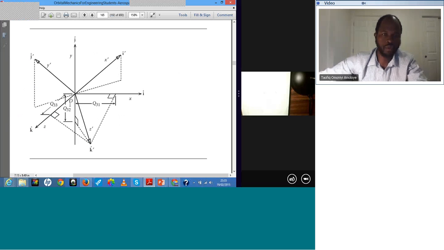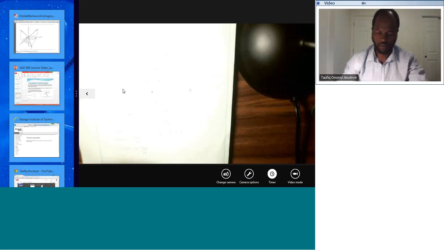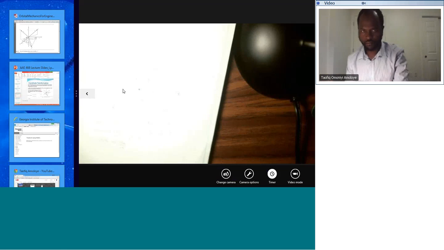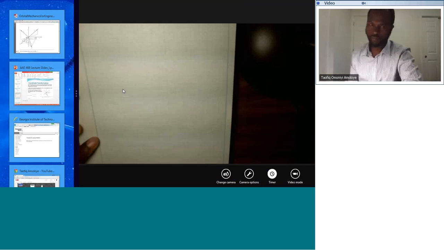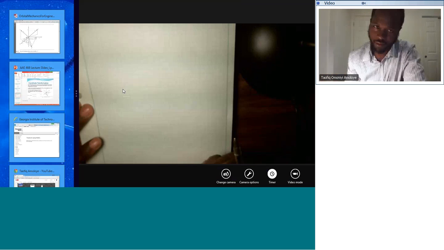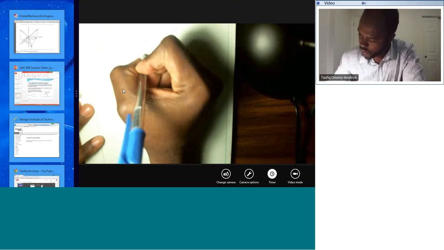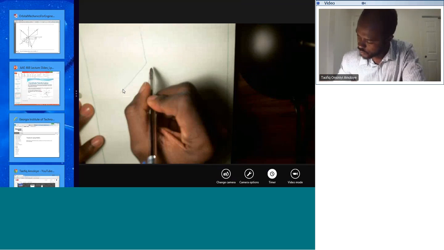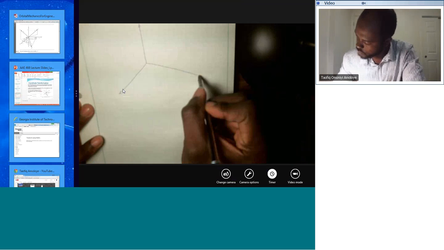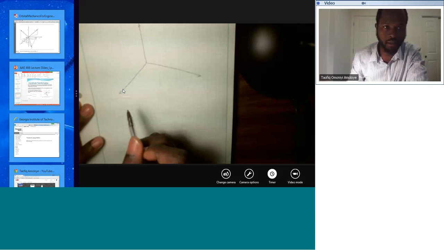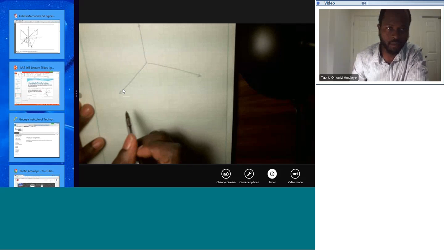So we have 2 Cartesian coordinate systems. We have the first one, which is the unprimed one.